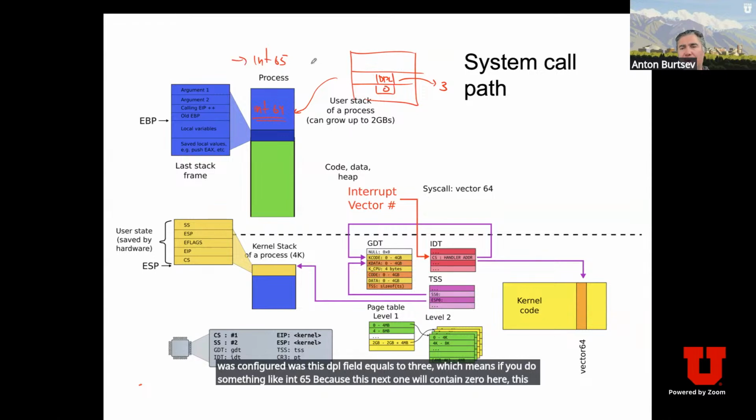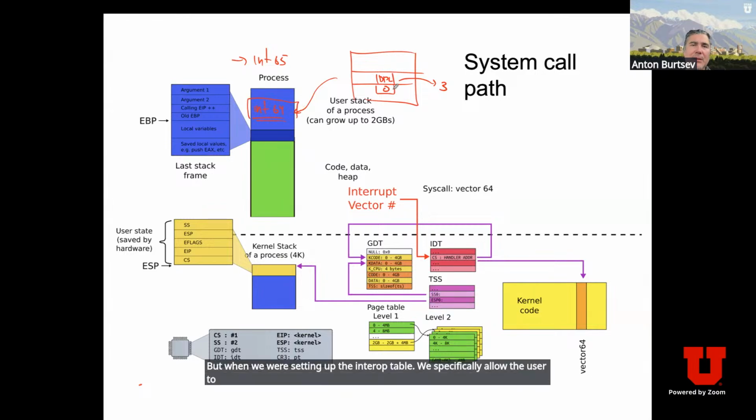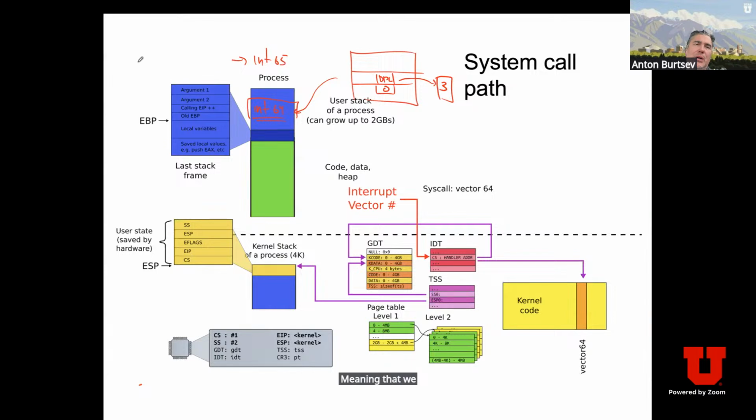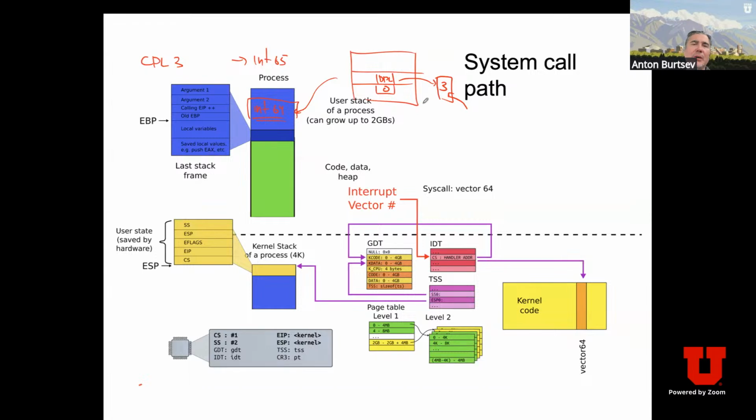That will trigger a protection violation exception. But when we were setting up the interrupt table, we specifically allowed the user to invoke this interrupt, meaning that we say, look, you are running at CPL 3, and the descriptor privilege level here is 3, so CPL is less than or equal to DPL, so we are allowing it, right?